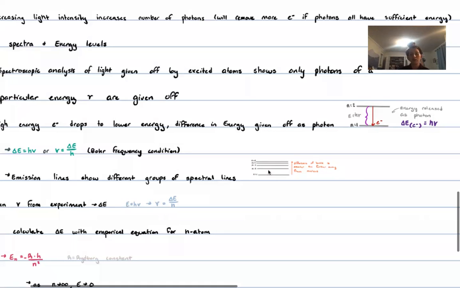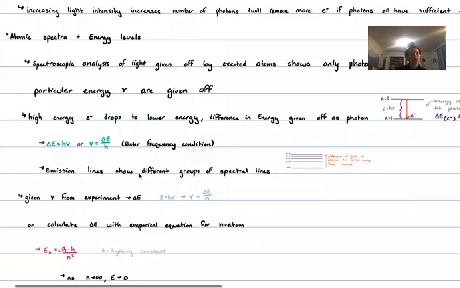It doesn't want to be over, it doesn't want to be under, it wants to be exactly this. So that's why we only see spectral lines, and that's why spectral lines are unique to every single molecule and every single atom, because each atom and each molecule has different energy levels specific to it.